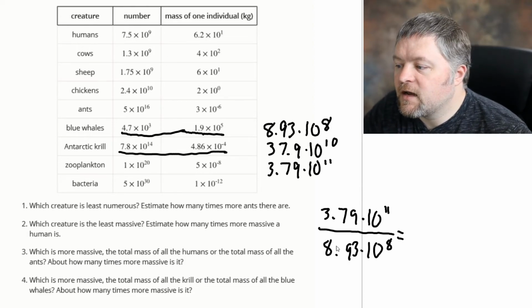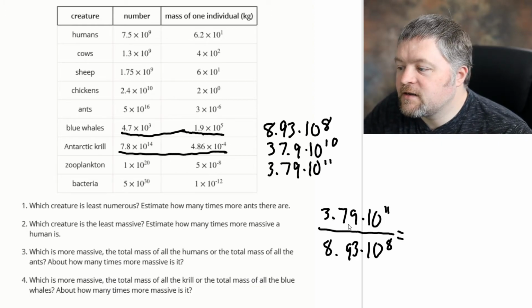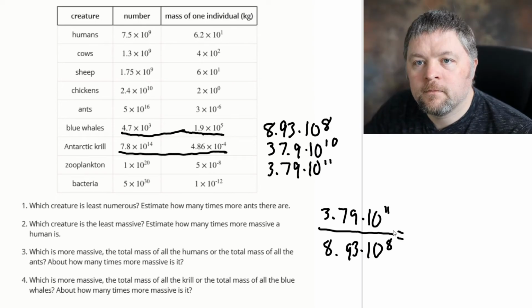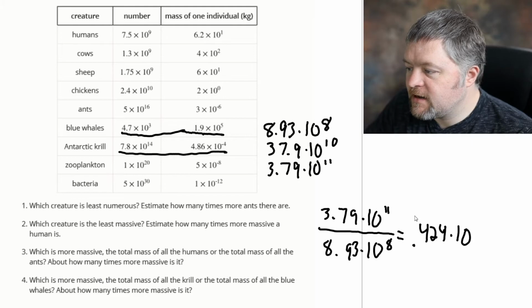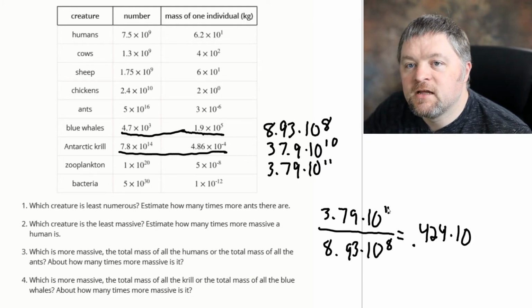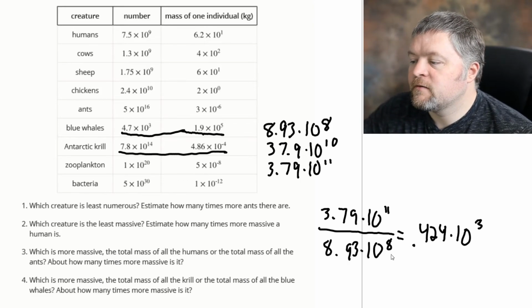First we divide these. 3.79 divided by 8.93 is 0.424 times 10 to the power of, we're dividing, so we subtract the exponents. 11 subtract 8 is 3.